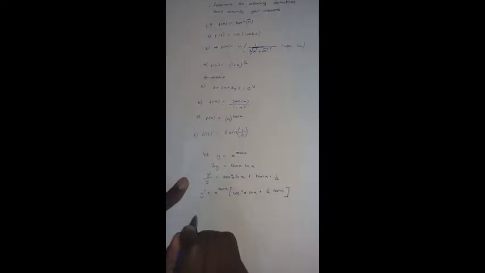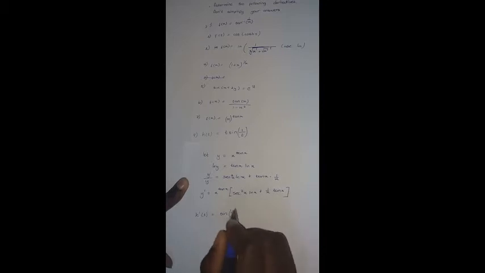So your h prime of t will be equal to sine of 1 over t plus t and then cos of 1 over t, and then you differentiate what's inside the bracket, so it's times negative 1 over t squared, like that.